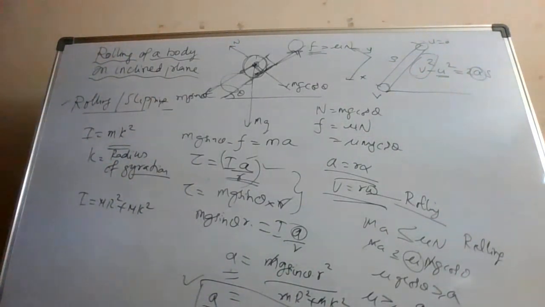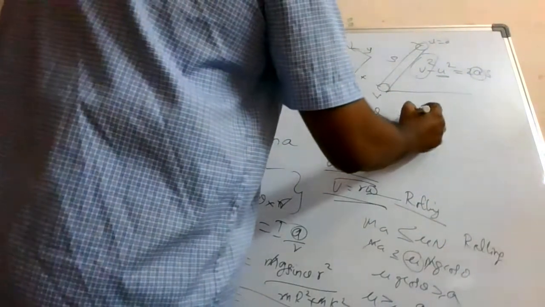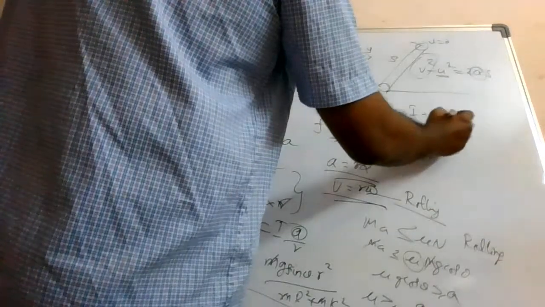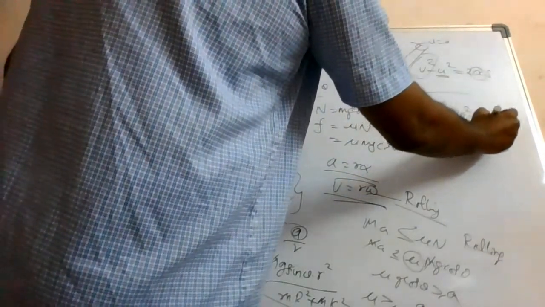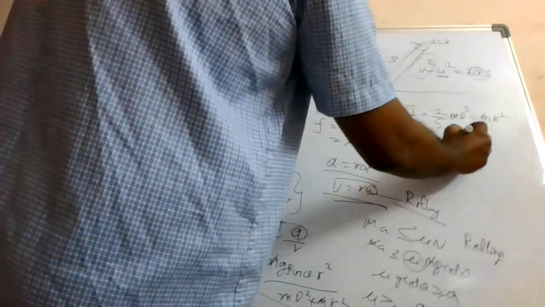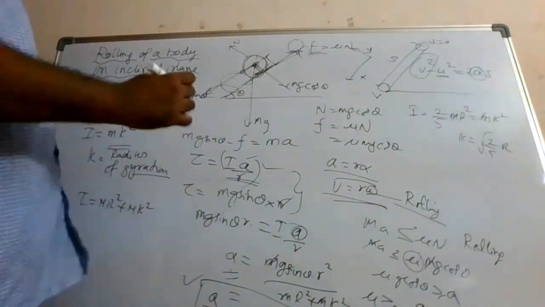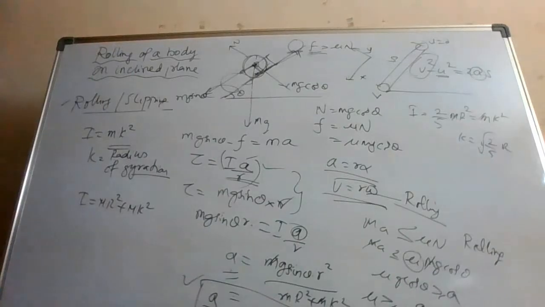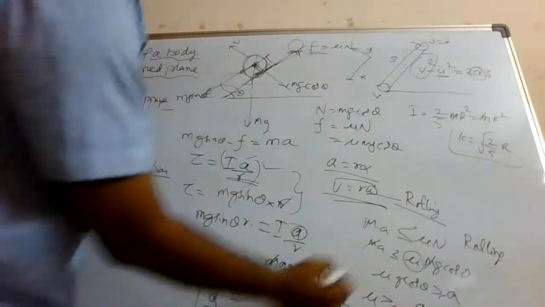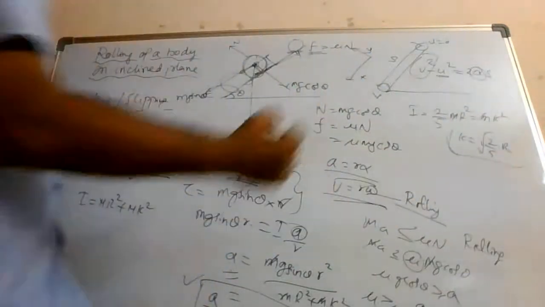If I take the case of a solid sphere, what is the value of I? It is 2 upon 5 mr square, and this is equal to mk square. m cancels, k is equal to root over 2 by 5 R. So if a solid sphere is given in the question, in the place of k you need to put this value and do the calculation.